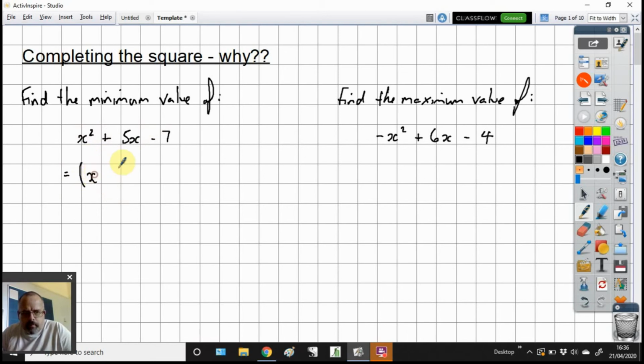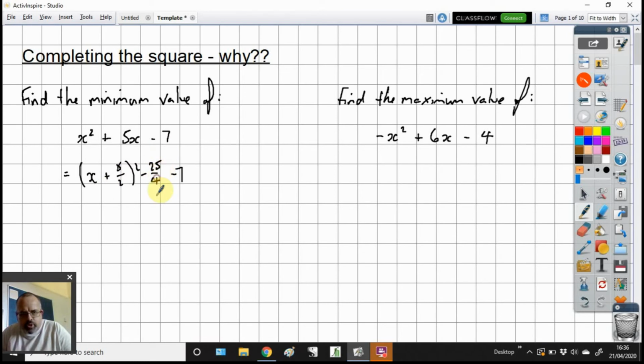Complete the square. (x + 5/2) all squared. Take 7, but there's a positive 5/2 being squared here. That's a positive 25/4 that we do not want.